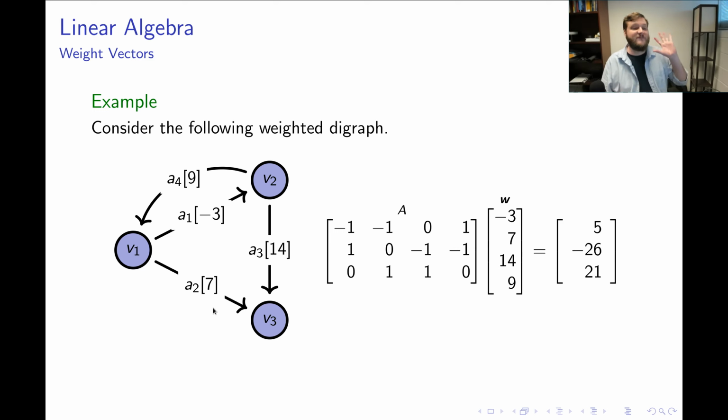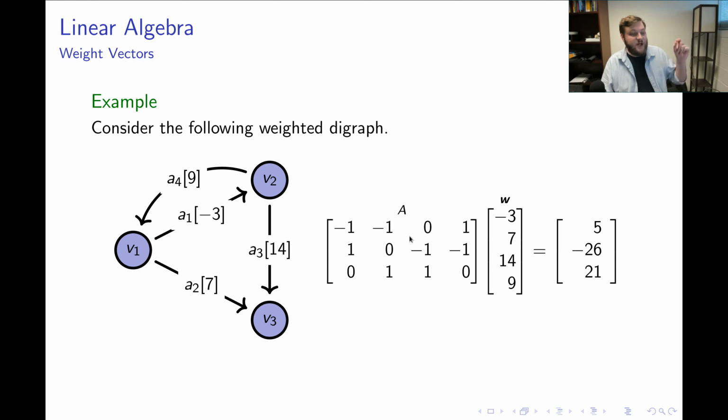Remember, the directed graph itself is just the nodes and the arrows, and that data is encoded in my incidence matrix. For example, the third column here has a -1 in the second position because my third arrow points from V2, and then it has a 1 in the third position because it points to the node V3. But on top of the directed graph, I also have the data of the weights on the arrows. The weights here are -3, 7, 14, and 9. So those are the coordinates of my weight vector.